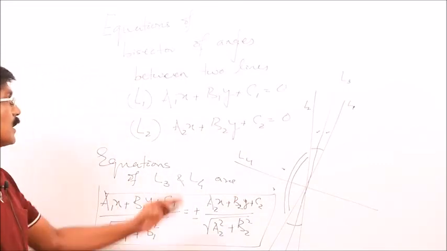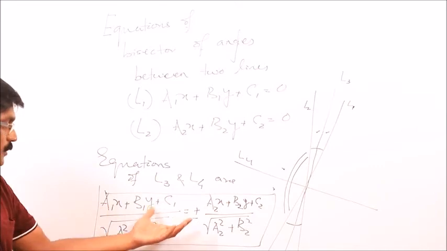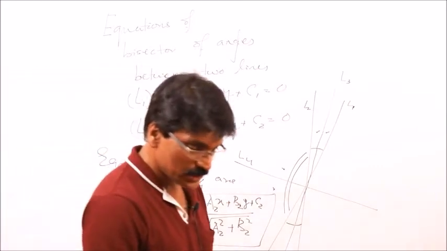So, these are the equations of bisectors of angles between two lines. Out of these two signs, one is the internal bisector and the other one is the external bisector.